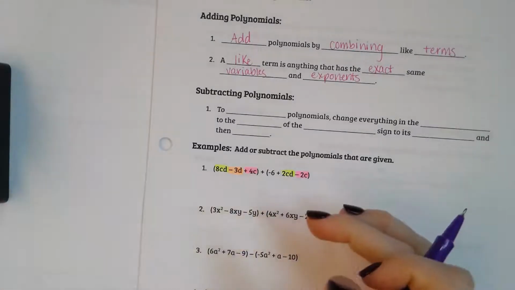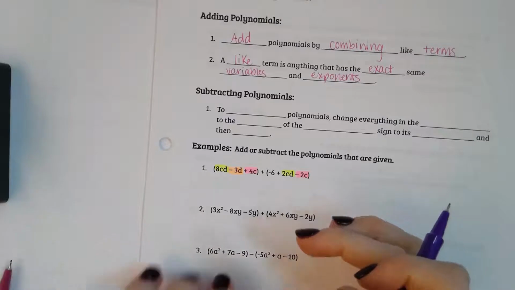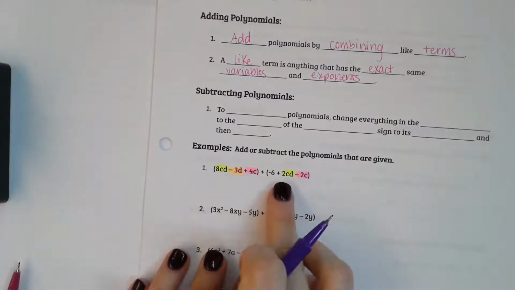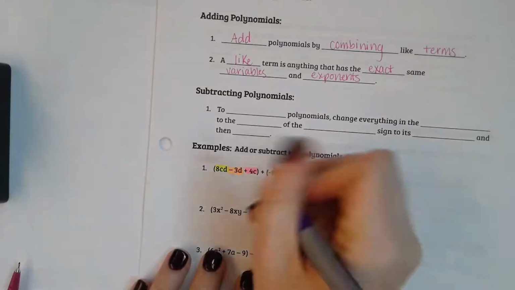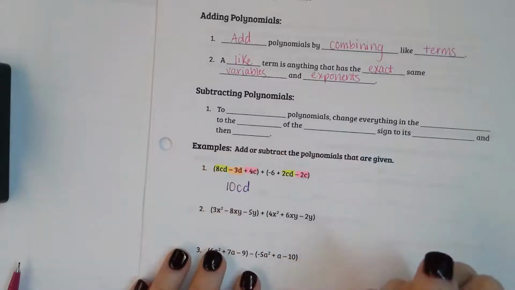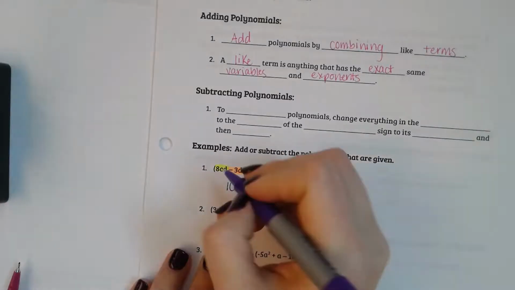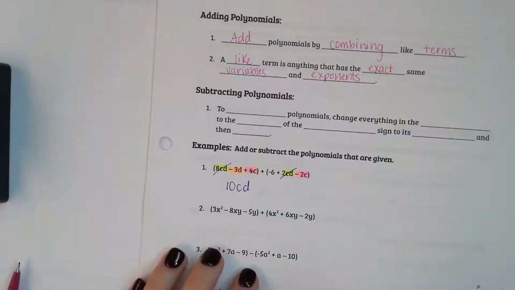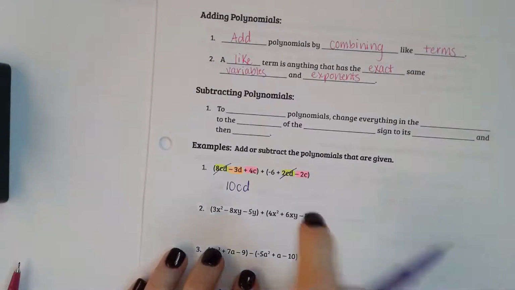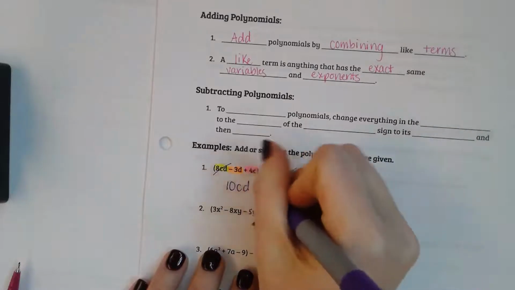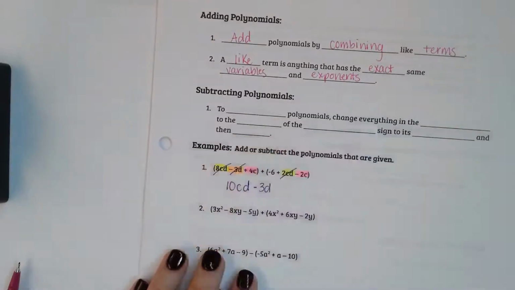So I'm just going to start with the first one over here. 8CD plus 2CD. 8 and 2 makes 10CD. And then even if you want, you can go through and cross them out knowing that you've added those together. Then I didn't have another D term, so I'm just going to put that down because there's nothing that I can combine that with.